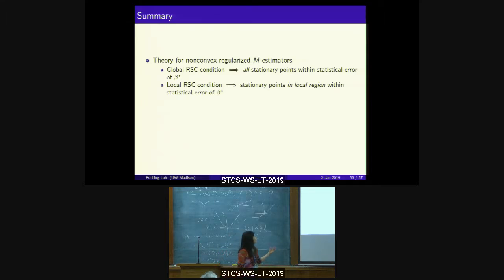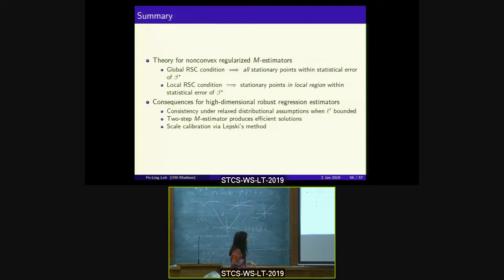And then when I moved to the case of robust regression, the problem was that in robust regression, I might want to look at a loss function where the non-convexity is not going away, even if I extend n to infinity. There are still going to be local optima that are further away from beta star, but hopefully I can get some good basin of attraction and some nice property of certain local optima, and that's what I was able to do here.